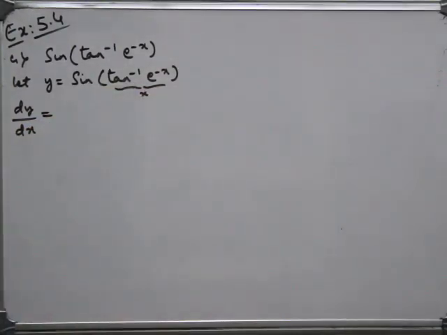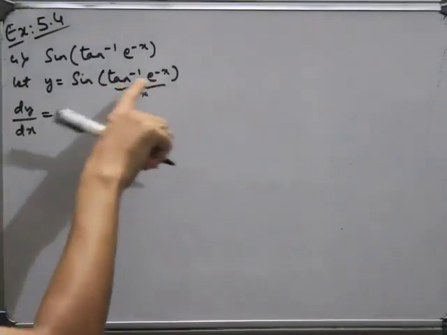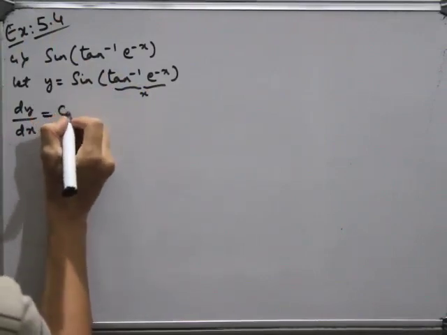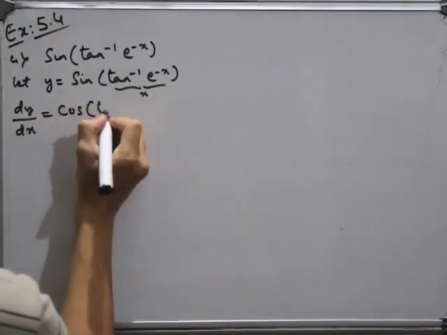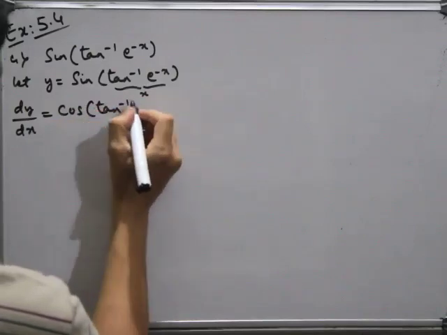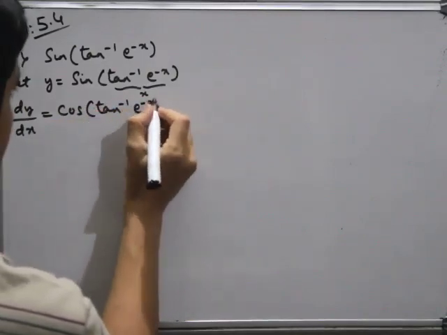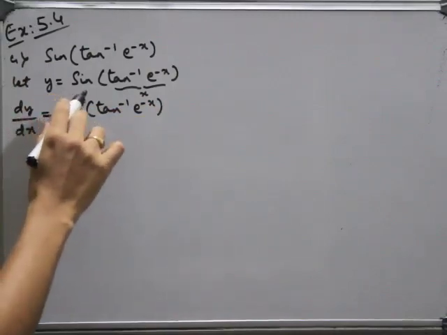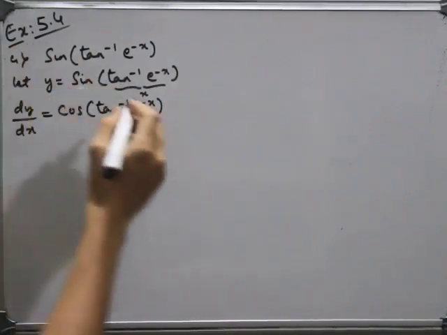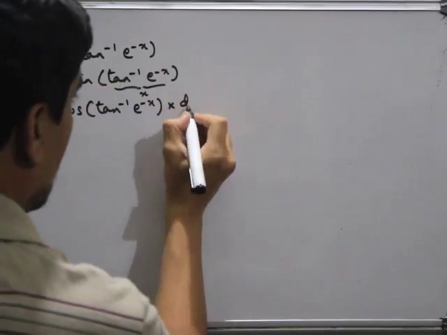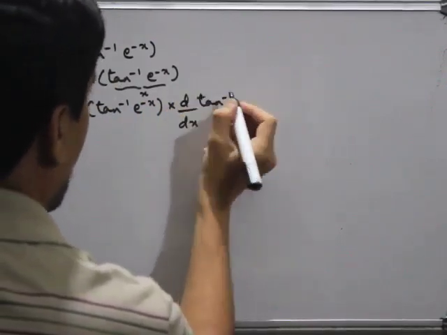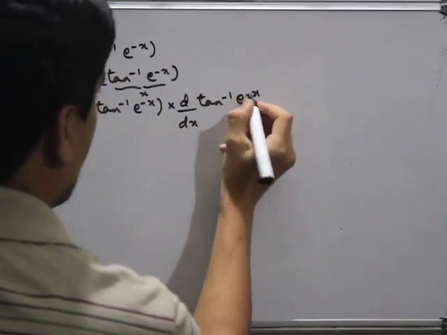Differentiation of sin x is cos x, but instead of x, you have to write this. dy by dx is equal to cos of tan inverse of e to the power of minus x into differentiation of tan inverse of e to the power of minus x.